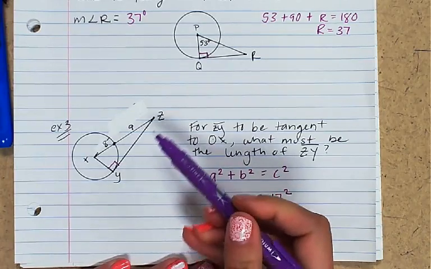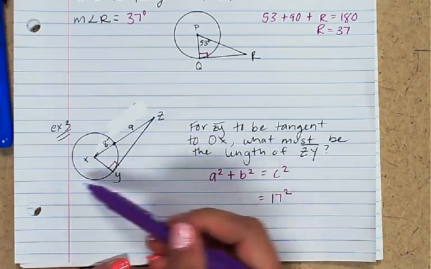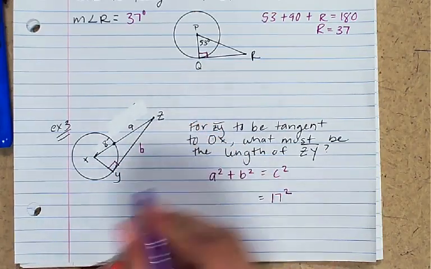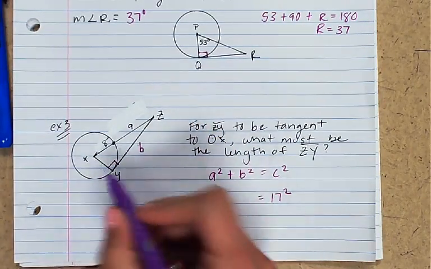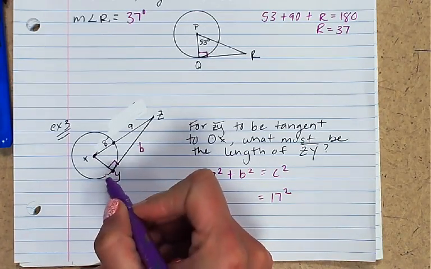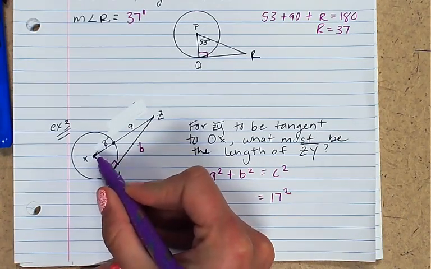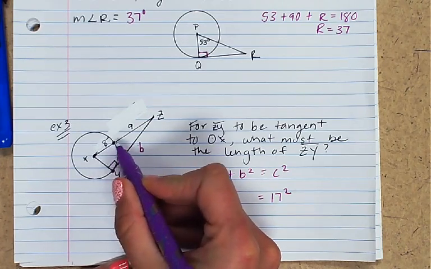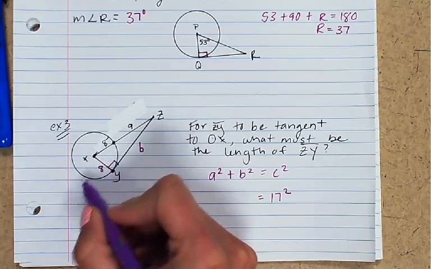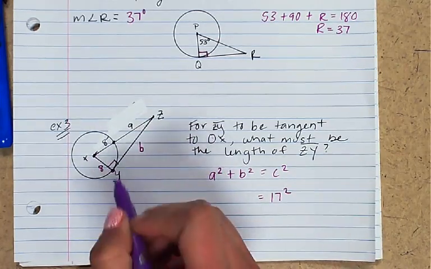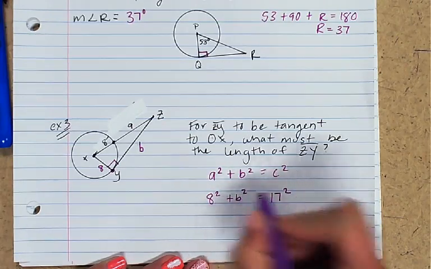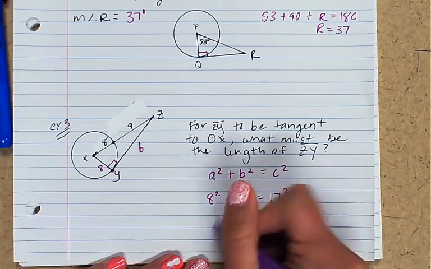Now, you might be looking at this going, well, I don't have lengths for either of the other sides. So let's go ahead and call this one B. But looking here at XY, it's the distance from the center to the side of the circle, which is a radius. So if this is the distance from the center to the side of the circle, this also has to be 8. Any radius that you draw would be 8 inside the circle. So we'll go 8 squared plus b squared equals 17 squared.